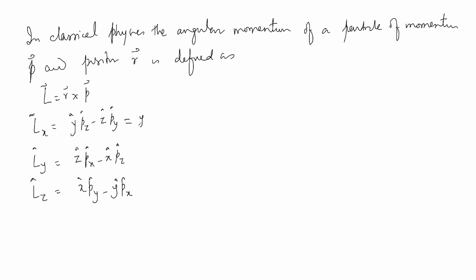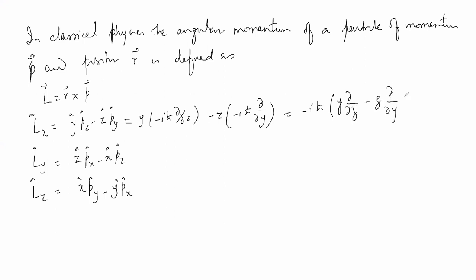And then we write Lx as minus i h cross, Y del by del Z minus Z del by del Y. This is how you write Lx, Ly and Lz in quantum mechanics.